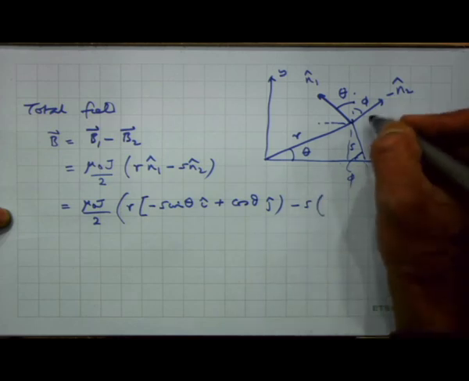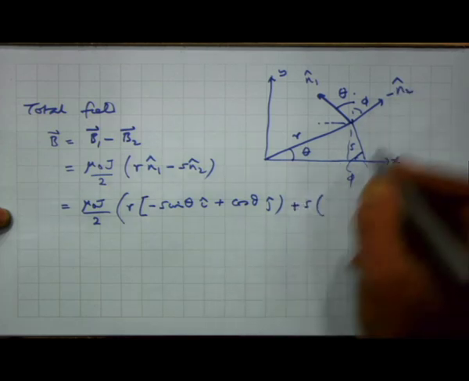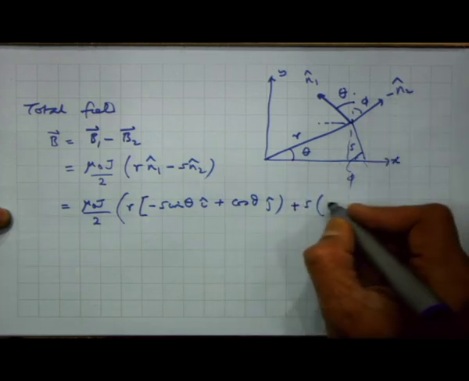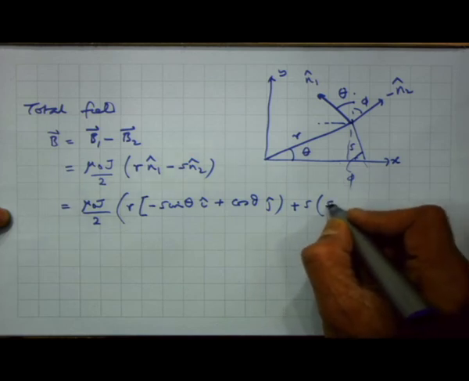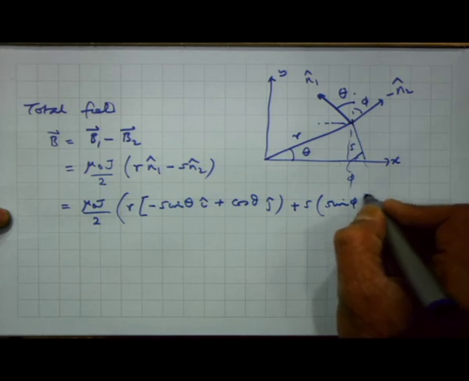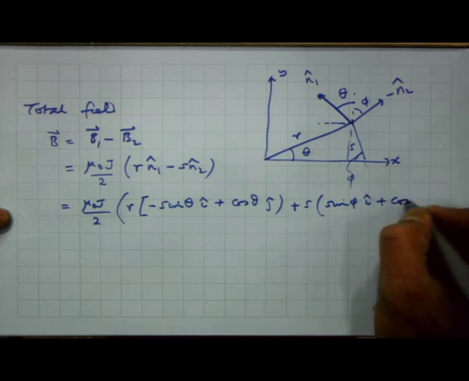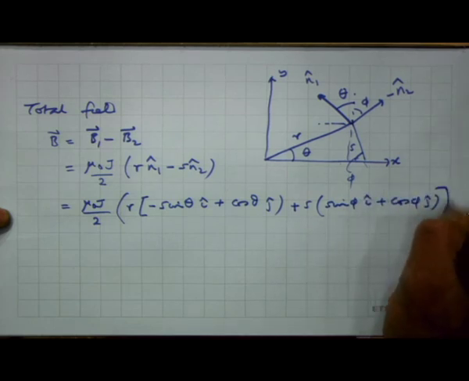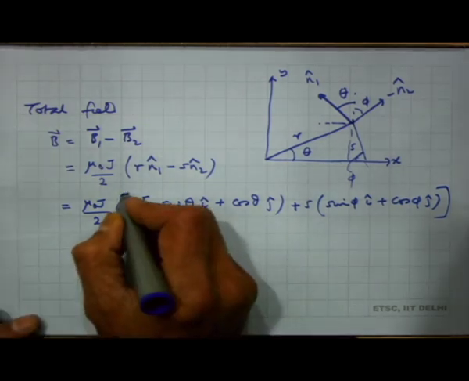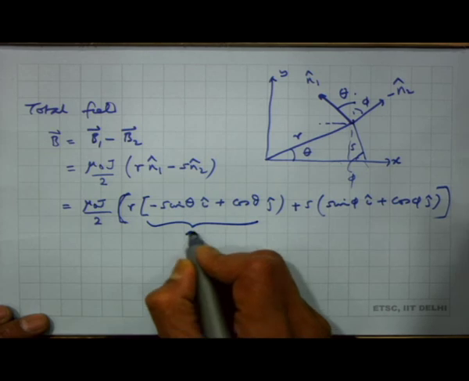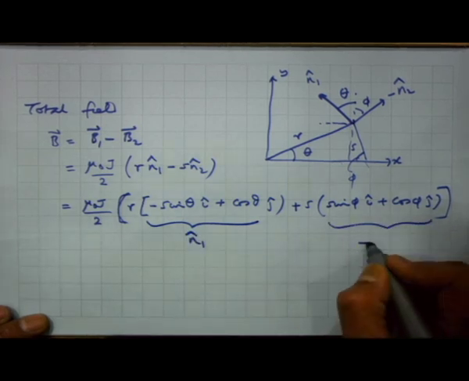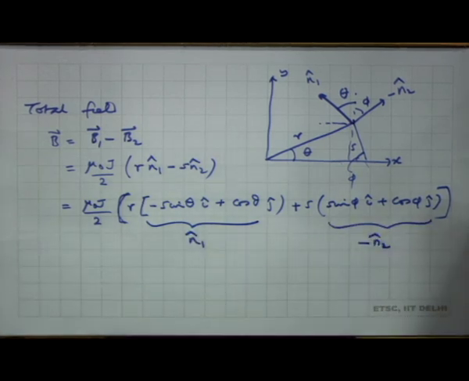So, because I am writing this is minus n 2, so I have a plus sign here. So, this will be plus s into sin phi i cap plus cos phi j cap. This is n 1 cap, this is minus n 2 cap. So, I have taken the minus sign, minus n 2 cap I have written.